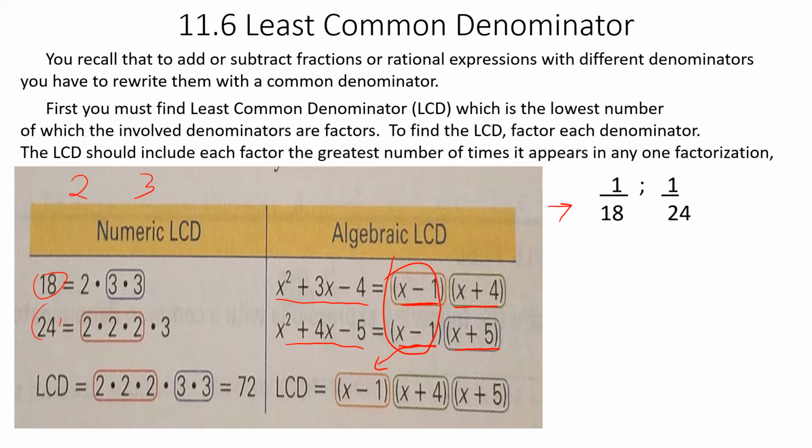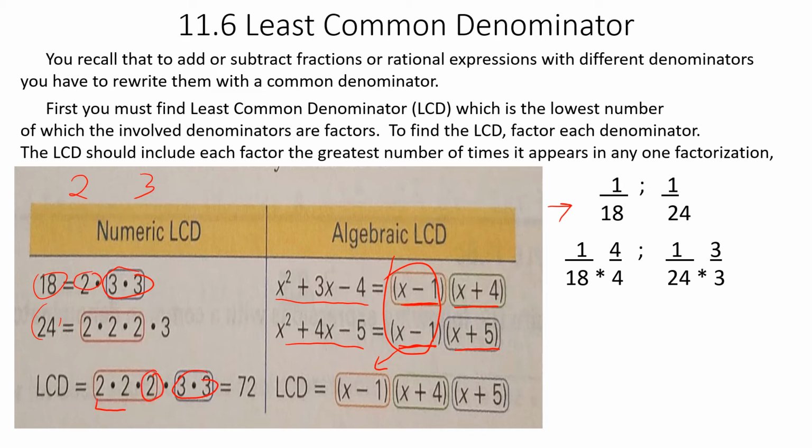We're not adding or subtracting at this point. We're just trying to find a least common denominator and rewrite them so that they have a common denominator. So if you're looking at 18, 18 had 2 3's, and it had one 2.